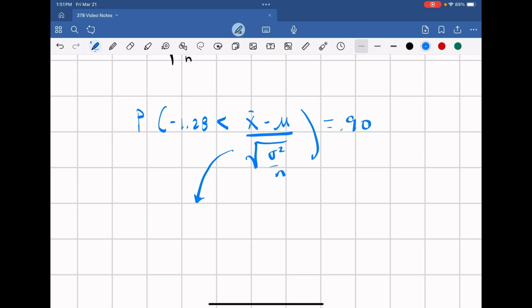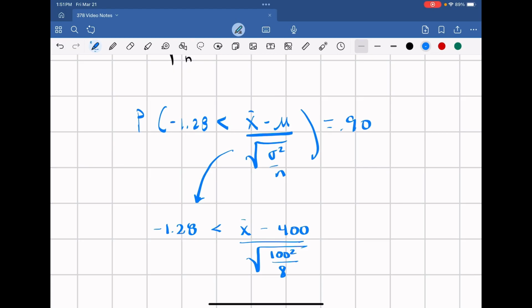We know mu is 400, the square root of 100 squared over n, and now we have 8 weeks of data, so n will be 8.